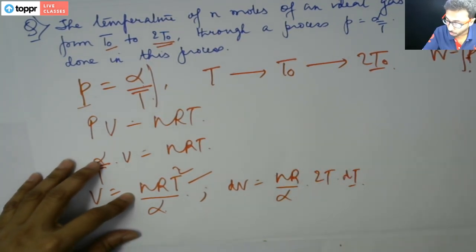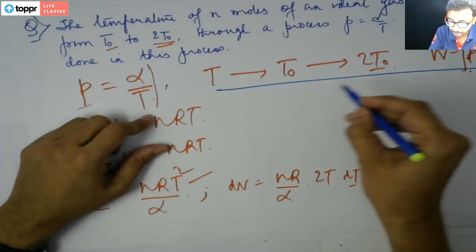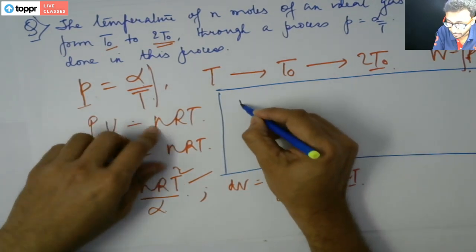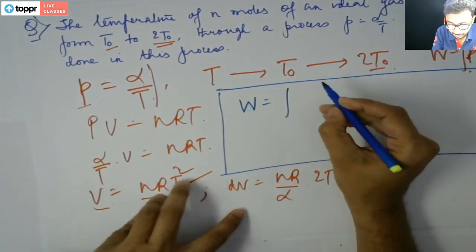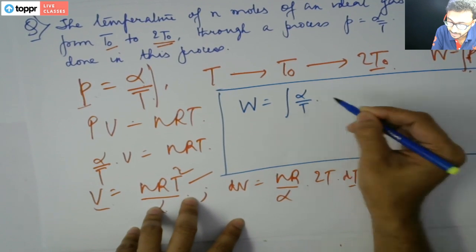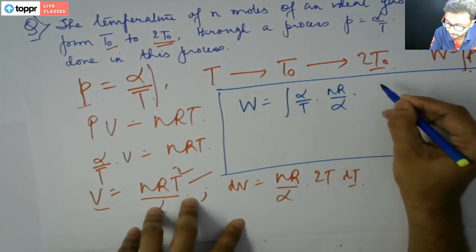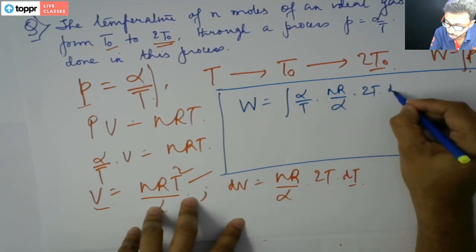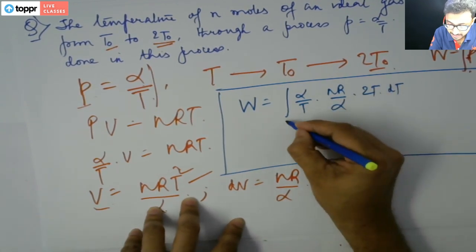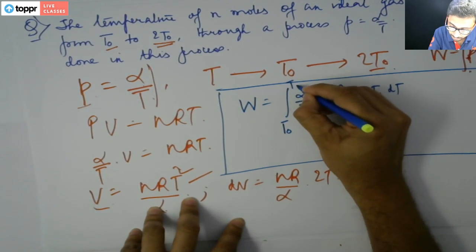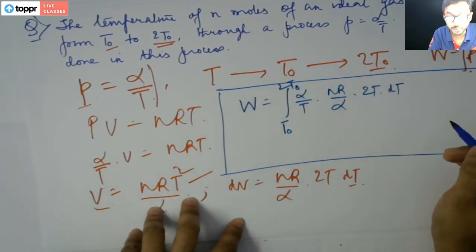So now work done, what can I write? In place of P we can write alpha T, and dV we can write nR by alpha into 2T dT, and the temperature is varying from T0 to 2T0.